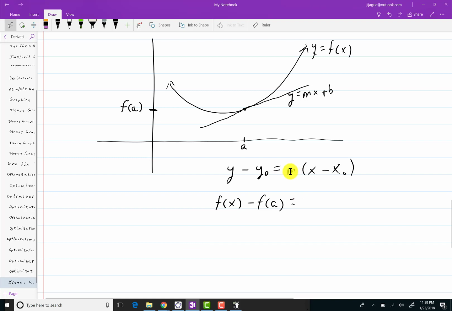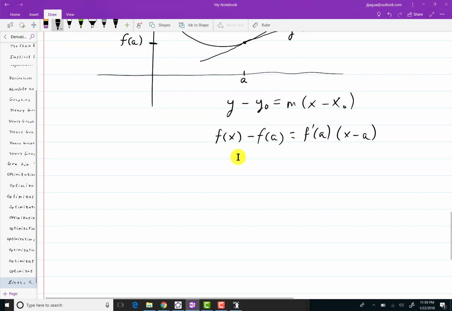M is the derivative at a. Then, if you add f of a to both sides, you get this. This here is called a local linear approximation.